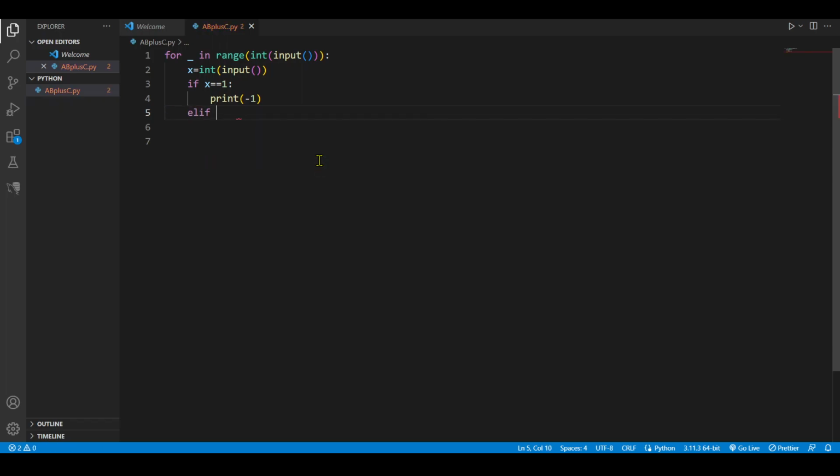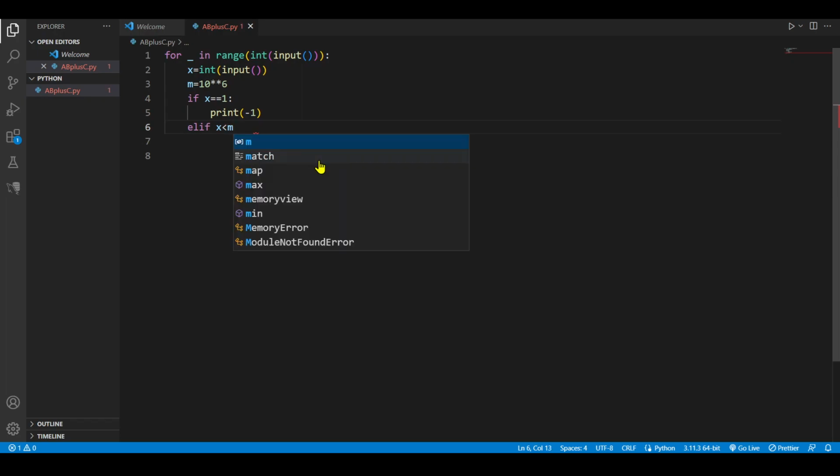x is less than or equals to, let me take a value here, m as 10 to the power 6, as we are going to use it many times. So m, that is 10 to the power 6, plus 1.